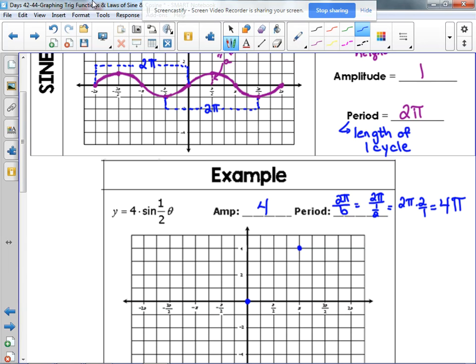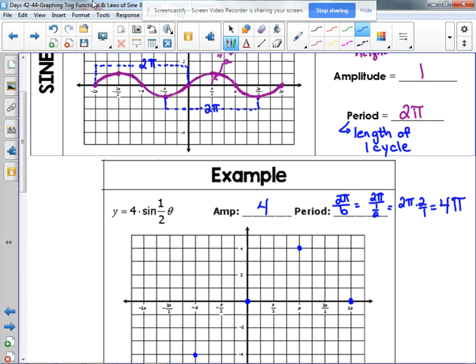Normally, we cross the x-axis at pi. We multiply that by a factor of 2. So at 2 pi, we're going to cross the x-axis. If we go in the negative direction, our minimum was at negative pi over 2. So we multiply that by a factor of 2. Our minimum is going to be at negative pi, and it's going to be at negative 4 because of our amplitude.